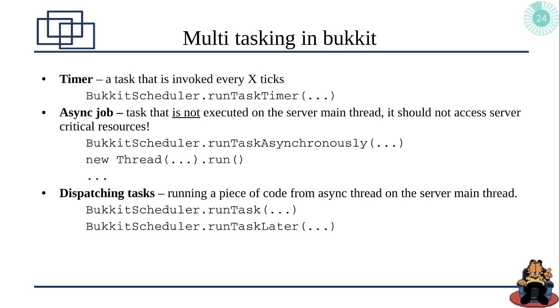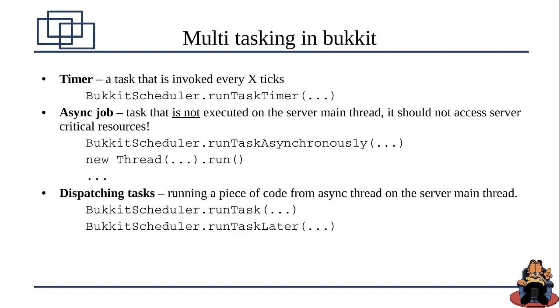Okay, what you can do with bukkit scheduler. Those are only 3 examples. You can do much more with it. First of all, you can start a timer. A timer is a piece of code that is executed by the scheduler every X ticks.